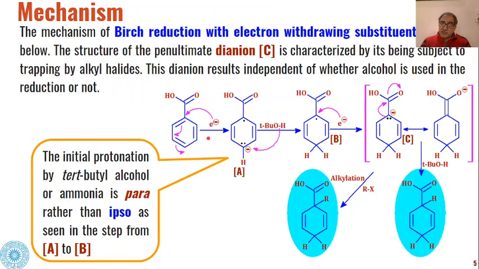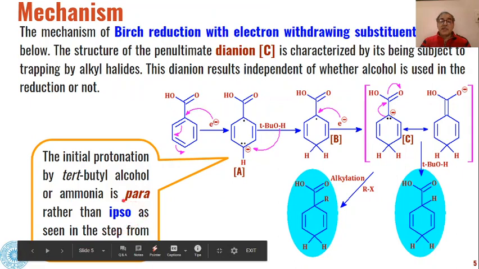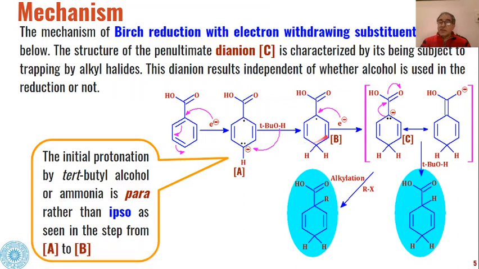So that means in case of electron withdrawing groups, attack of the electron will take place at the ipso carbon, and here we will have a radical, and movement of these pi electrons will lead to the formation of a carbanion at the para position, and this carbanion will take up a proton from the tertiary butanol, and protonation will take place in the first step at the para position rather than the ipso carbon.